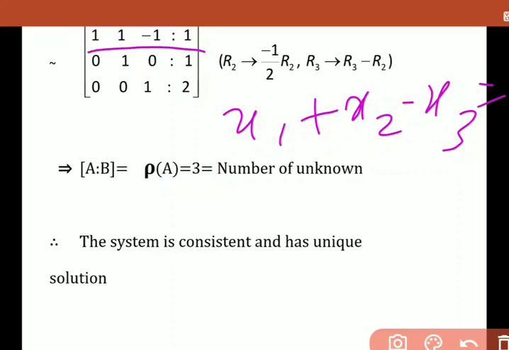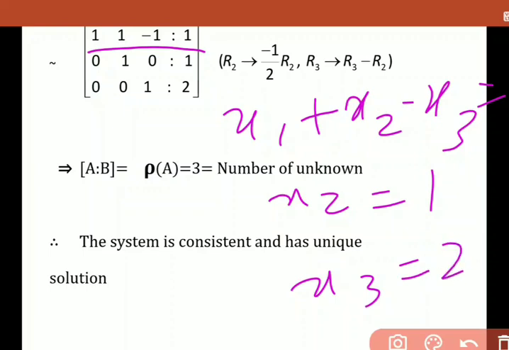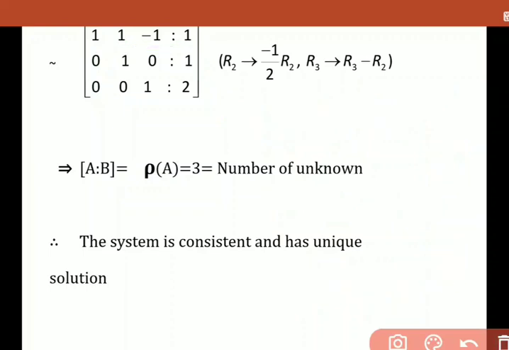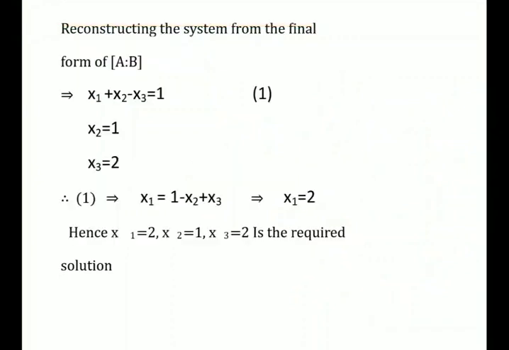First element is 0, so we can leave this. Second one is 1, that is x2. And x3 is also 0, so it is equal to 1. And the third equation is x1 is 0, x2 is 0, x3 is equal to 2. Like this we will get the equations. This we can see in the next slide.